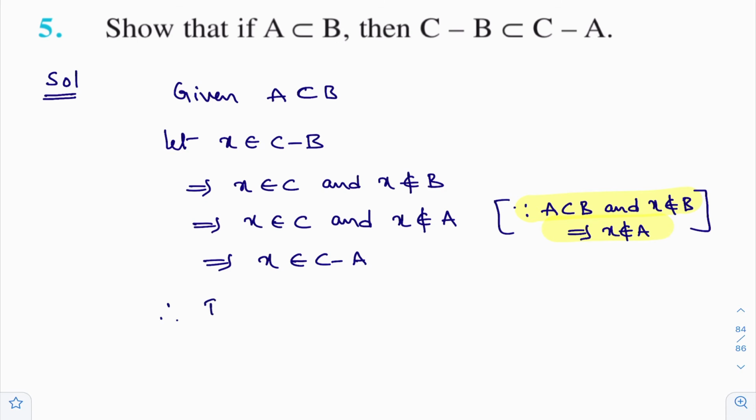Therefore, if x belongs to C minus B implies x belongs to C minus A, we got. As x is there in C minus B and x is there in C minus A, what can I conclude here? I can conclude that C minus B is a subset of C minus A. I hope you understand this.